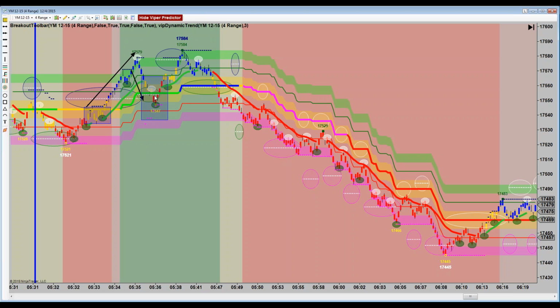Think of the midband as an area, not as a destination. Okay? So it's an area. Let me do a couple of them so you can see what I'm talking about here. Here would be another area around the midband like this. Here would be another area around the midband like this.